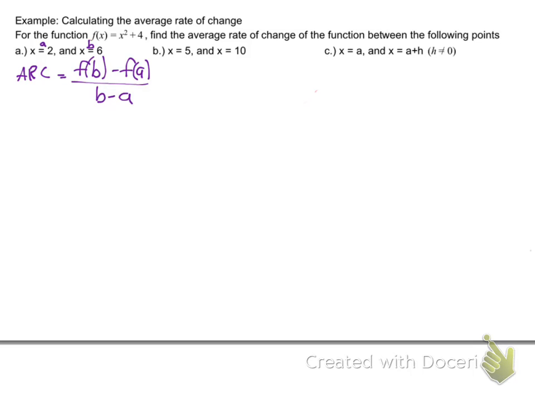According to the logic that they were using, because 2 comes before 6. So that means it's 6 squared plus 4 minus 2 squared plus 4, all over.